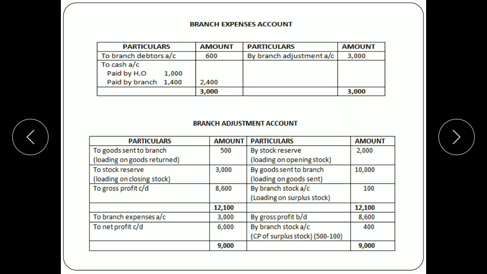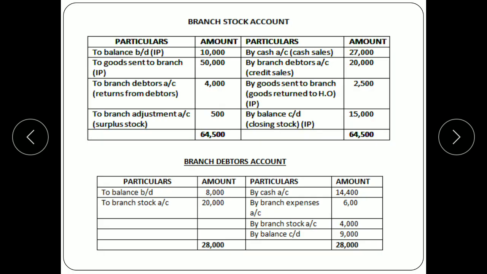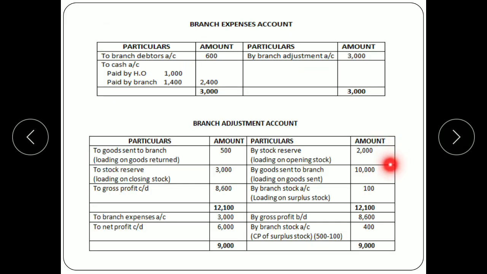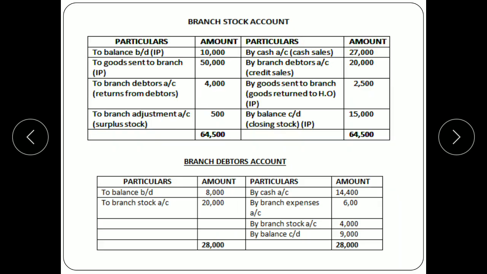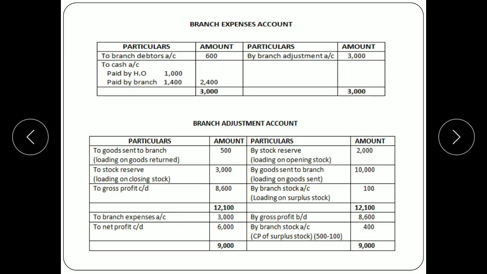So they are basically going on the opposite sides. Opening stock and goods sent to branch was there on debit side, their loading entries are going on credit side. Again goods returned by branch and closing stock was there on credit side, so their loading entry is coming on debit side.